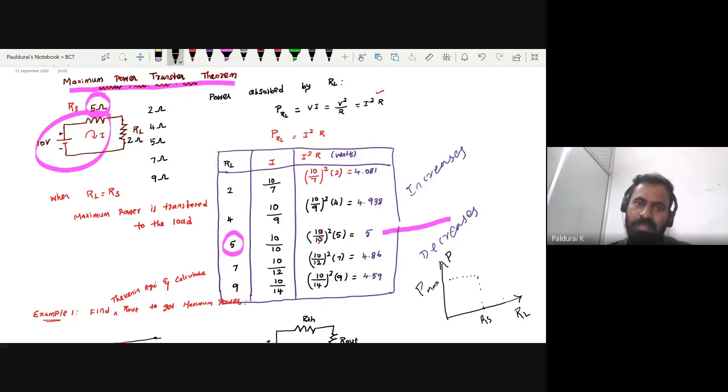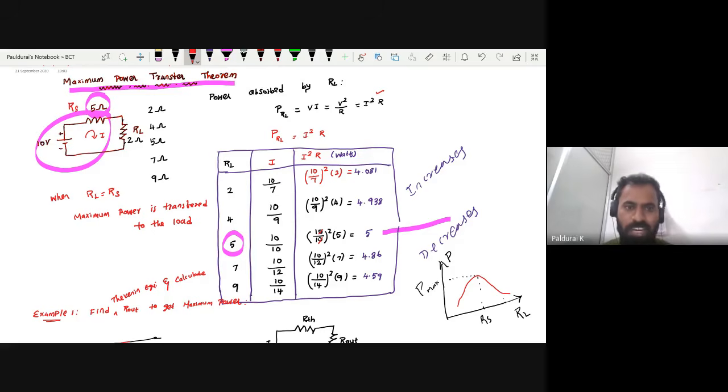Before RS, power increases. After that, power decreases. So this is about the maximum power transfer theorem. In one graph, it speaks a lot. It means a lot. So this is my maximum power transfer theorem.